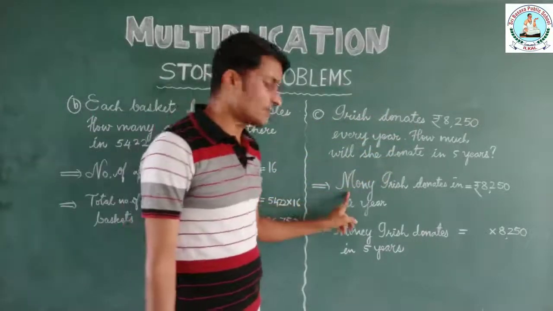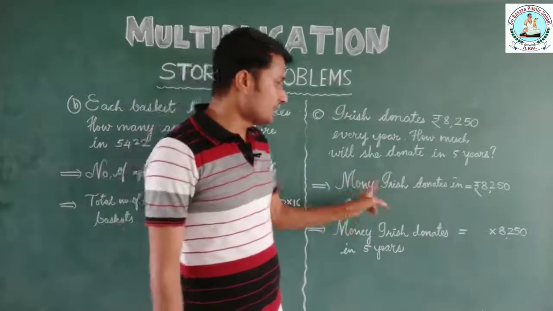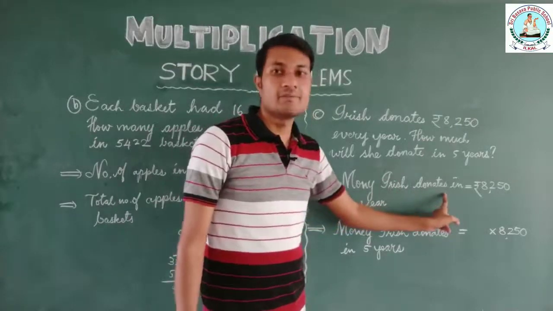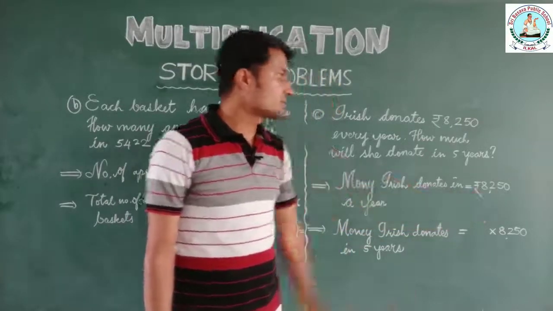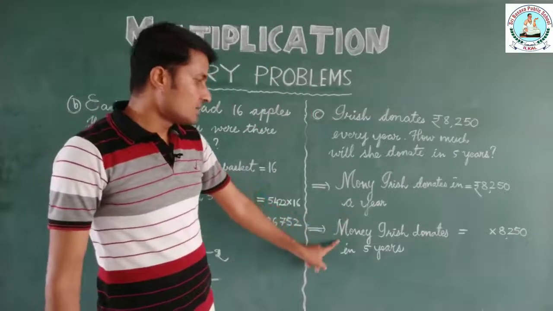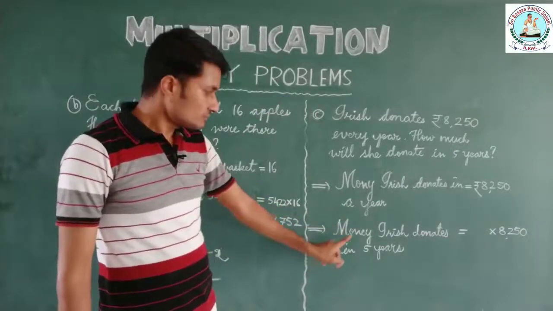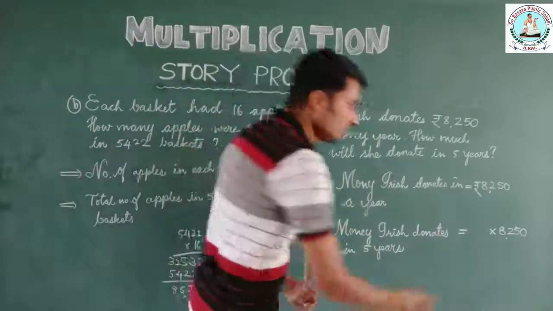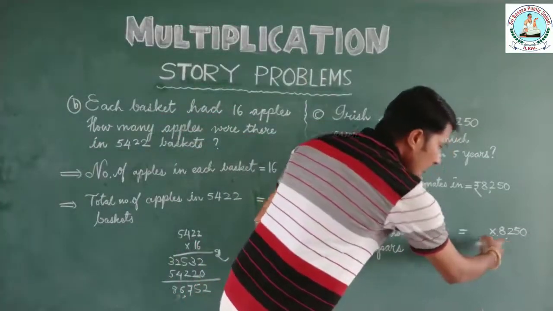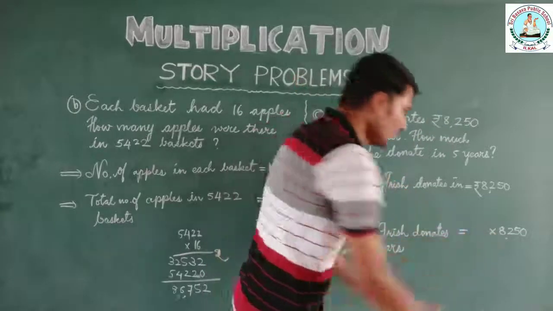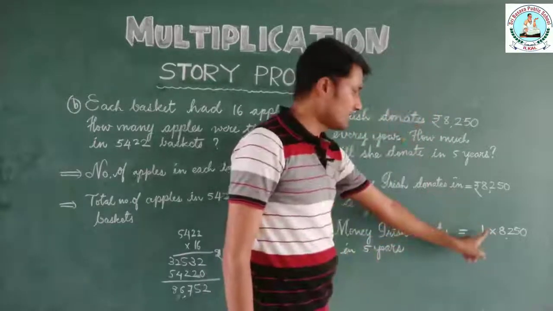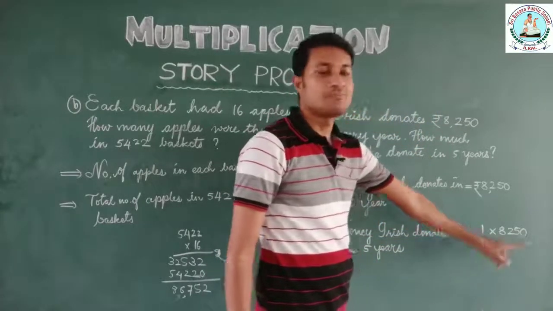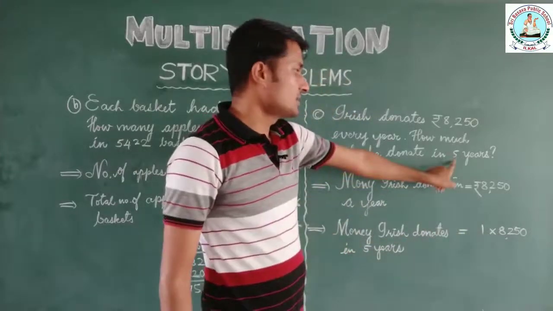So first we need to write the first sentence: money that Irish donates every year is how much? 8,250. And the same Irish lady will donate the money in 5 years. How much? To find that out, this is the money she donates every year, so every year means 1 year. In 1 year she is donating this much money, but they are asking to find out in 5 years.